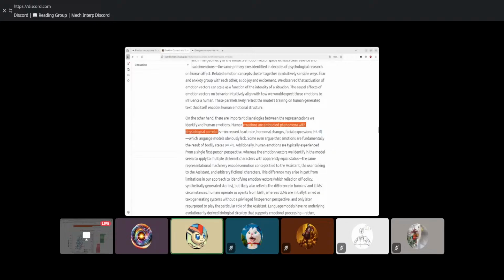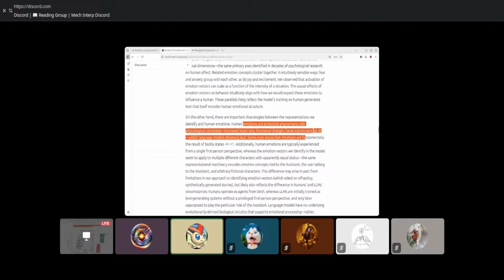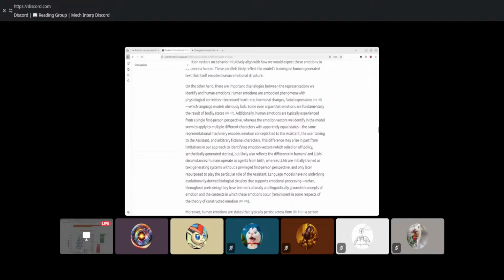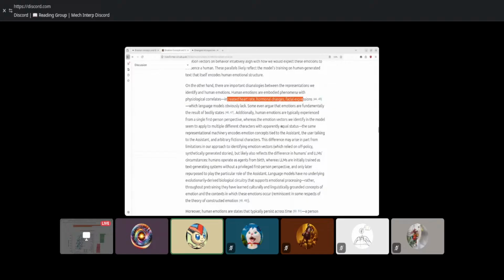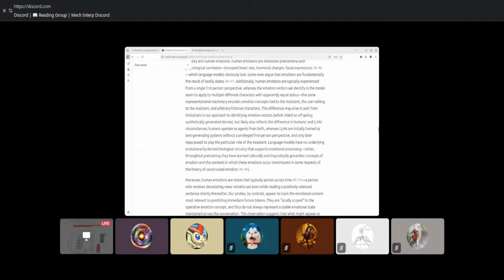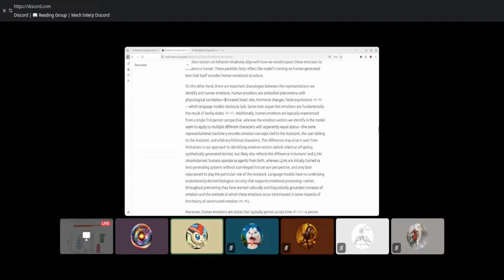I embody framework biological correlates. Yeah. Meh. This is kind of silly. It's kind of silly. Yeah, I mean, sure, but it's more implementation. Increase heart rate, change facial expressions.